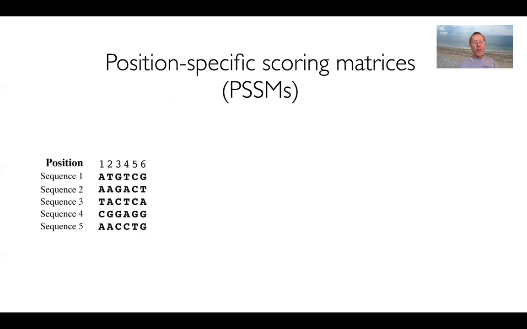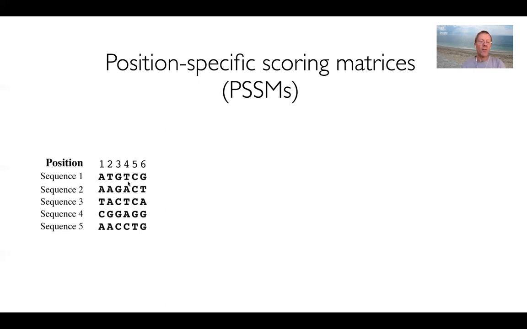I'll explain it by using an example from the book. This is not protein sequence but DNA sequence, but it doesn't really matter. The idea here is that you have identified 5 instances of some particular sequence motif in DNA. Maybe it's a recognition site for a DNA binding protein, like a transcription factor.